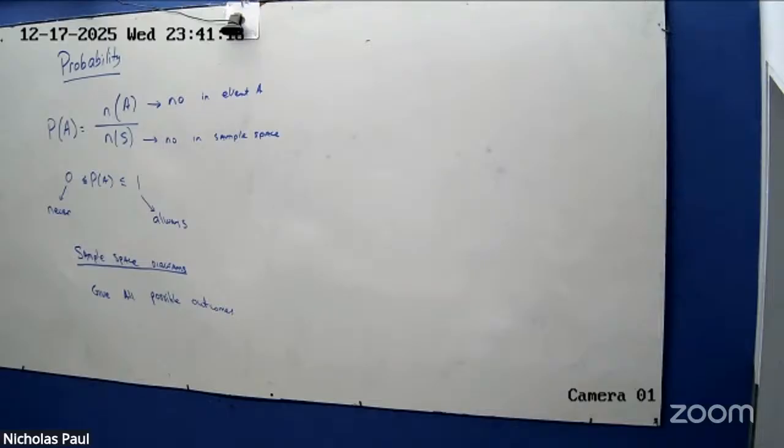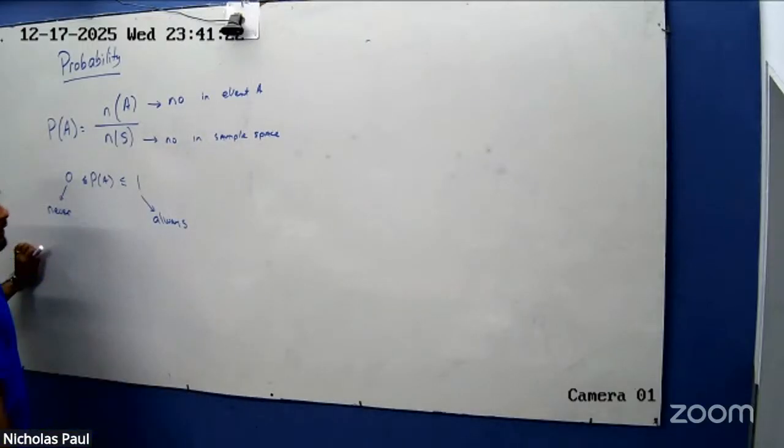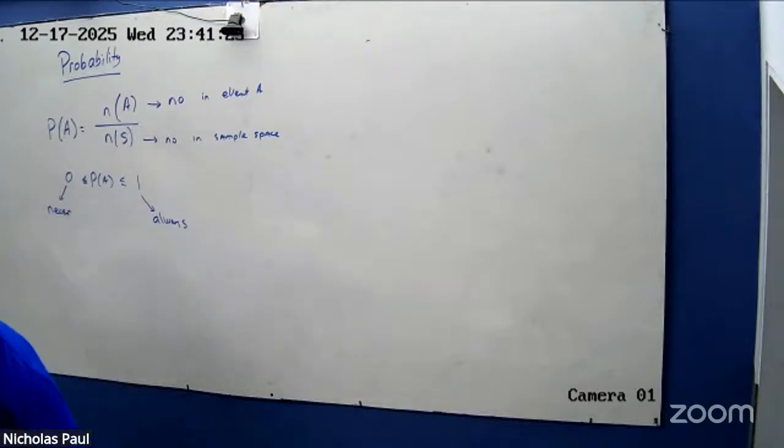Let me just do over this part here. Forget the possibility space diagram. I'm going to redo the probability and then we'll focus on the diagrams. I don't think I did the diagrams.